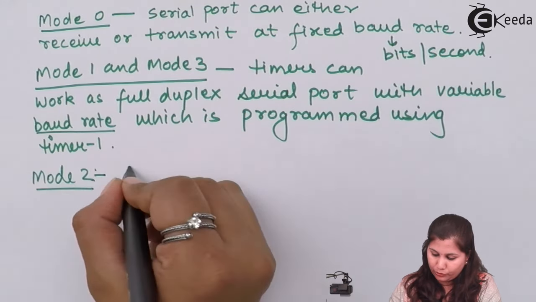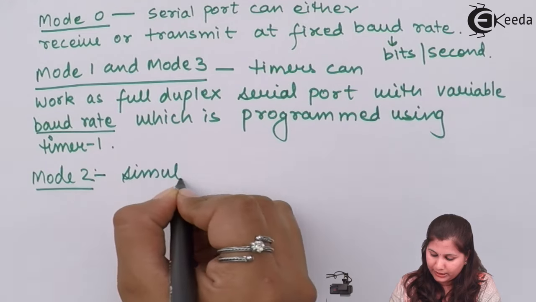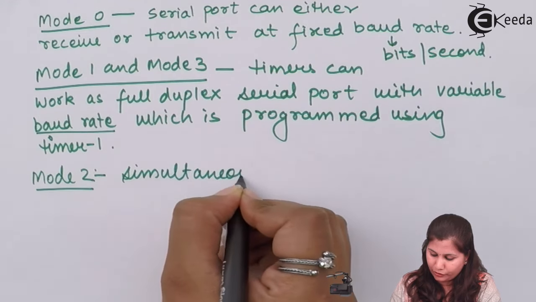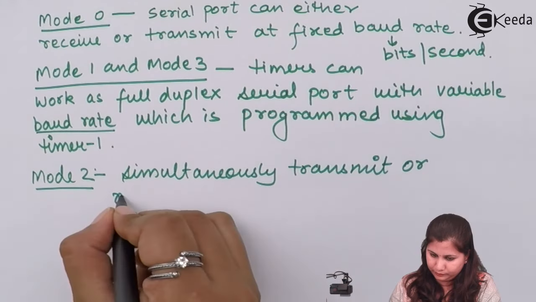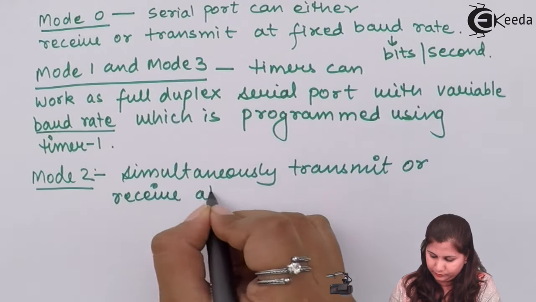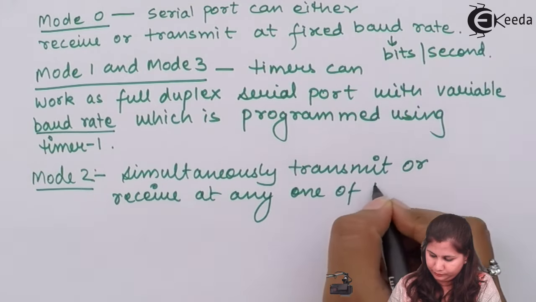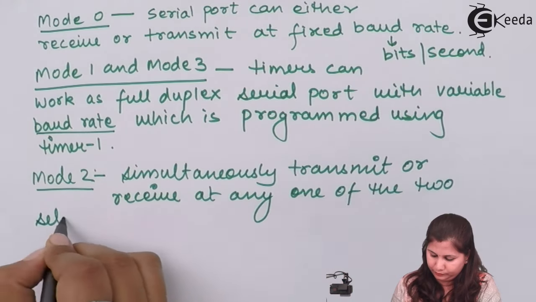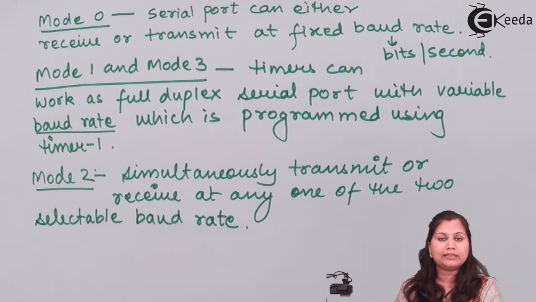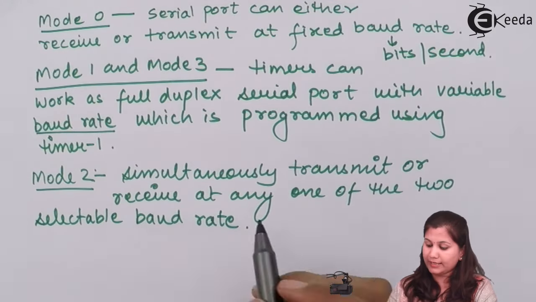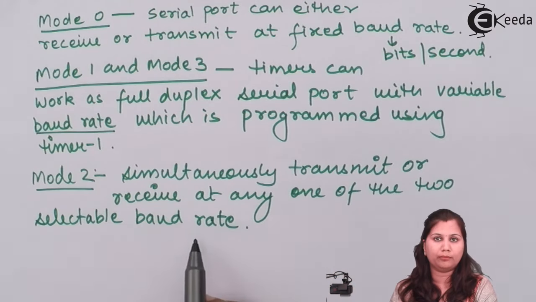Okay. We have mode 2 also. So in mode 2, the serial ports can simultaneously transmit or receive at any one of the two selectable baud rates.